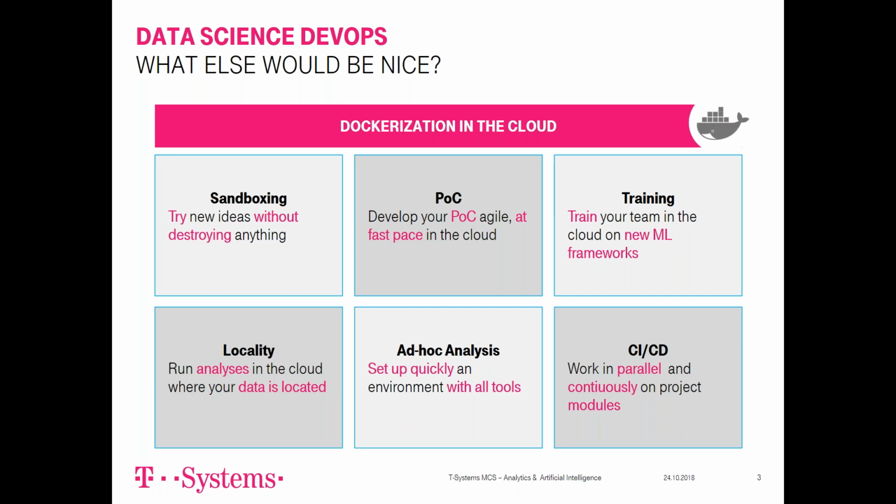Third, training. Everyone who's working in data science has recognized that in the last 3 to 4 years, a lot of frameworks came up. The pace just accelerated, and also known frameworks bring up new versions which change considerably, sometimes the framework as a whole.